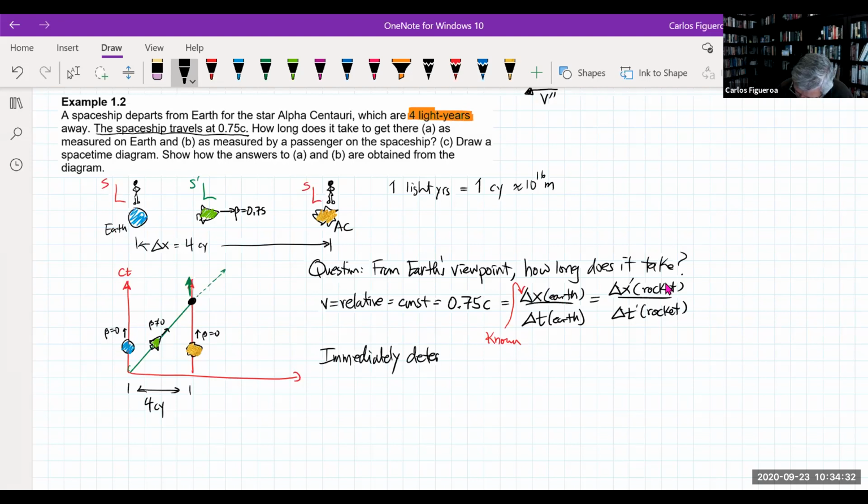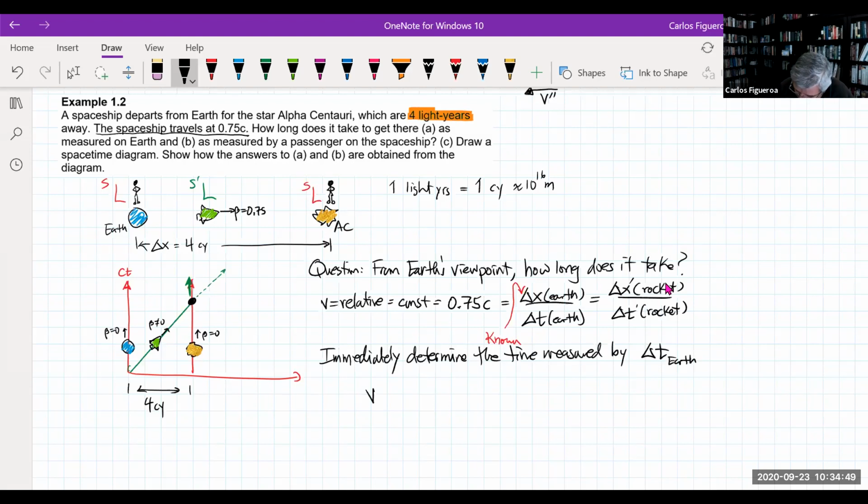So what this allows me to do is immediately determine the time measured by delta t Earth. So how long does it take the rocket to get there relative to Earth?